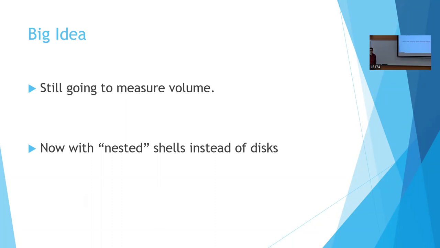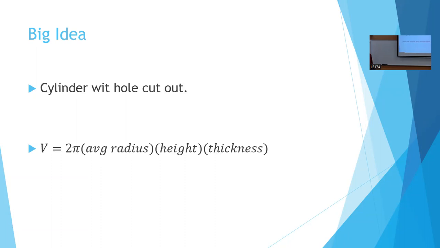We're going to have some area in 2 dimensions, and we're going to create a 3-dimensional object by rotating that around a horizontal line or rotating it around a vertical line. But instead of using disks and washers, we're going to use nested shells. I'll talk about what I mean by that.